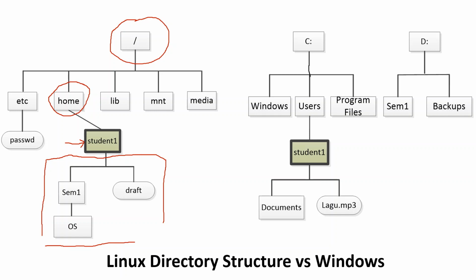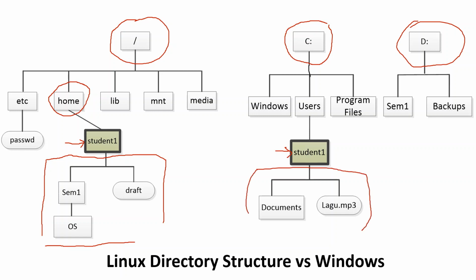On the right hand side, it shows the example of the Windows directory structure, where we could have more than one top directory. In this example, I'm giving you the C drive and also the D drive. With the same username, student 1, when the user logs in, they will have their own workspace.